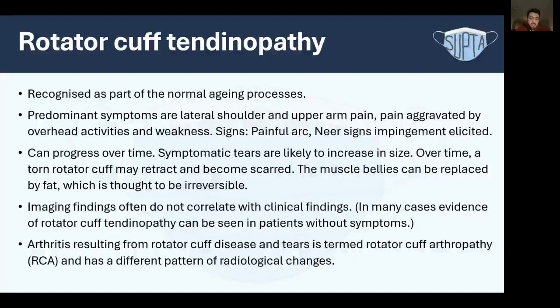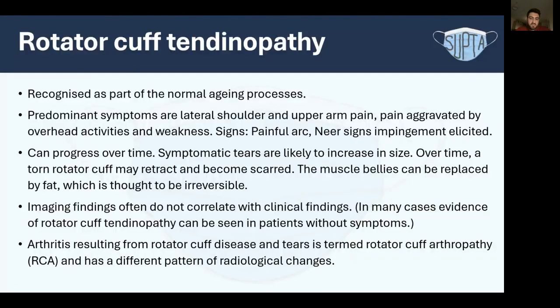The thing with rotator cuff tendinopathy and cuff tear is that it's considered a spectrum, with rotator cuff tear being at the end of the spectrum, which we will go through in a sec. Imaging findings often do not correlate with clinical findings. In many cases, evidence of rotator cuff tendinopathy can be seen in patients without symptoms.